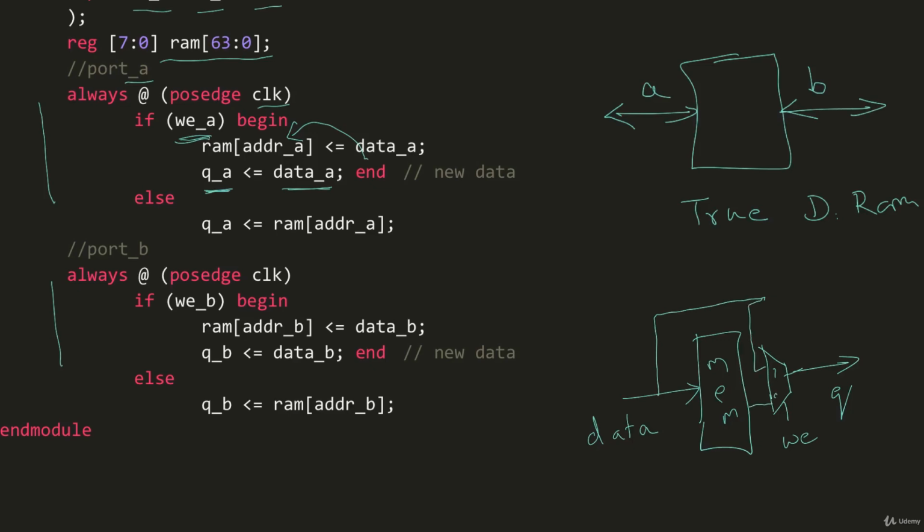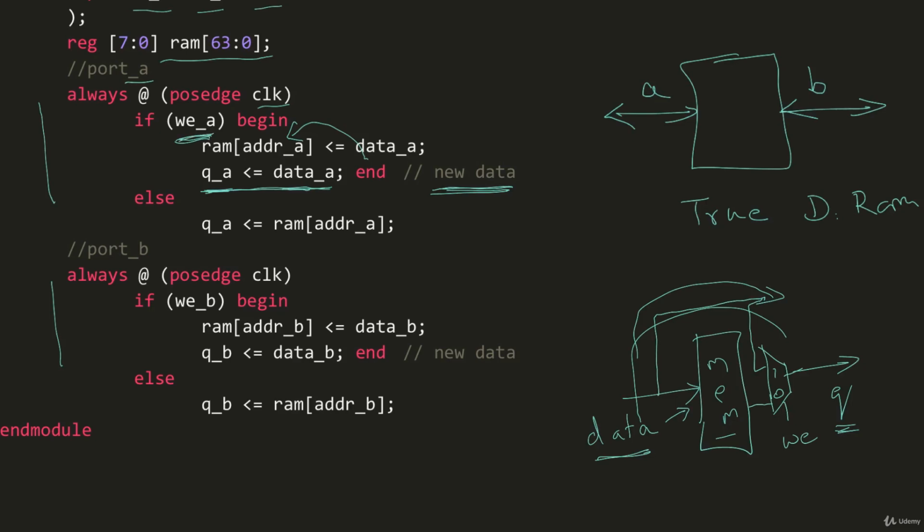If your write enable is 0, then your Q is fetched from your memory. So it is like a bypass, right? So this statement is like a bypass to get new data. So the data that is currently being written into the memory is kind of bypassed and given to Q also, right? So that is the only way we can get a new data, right?